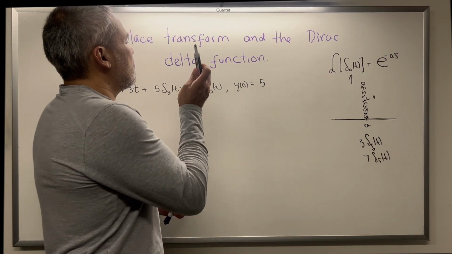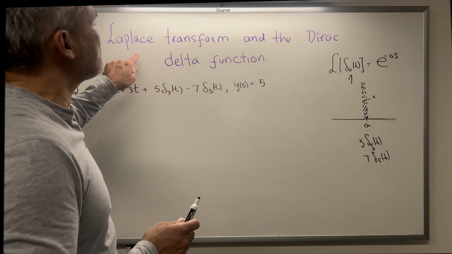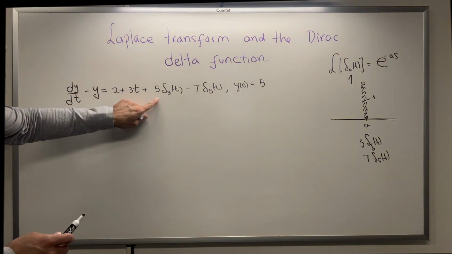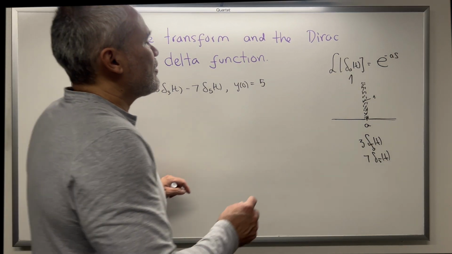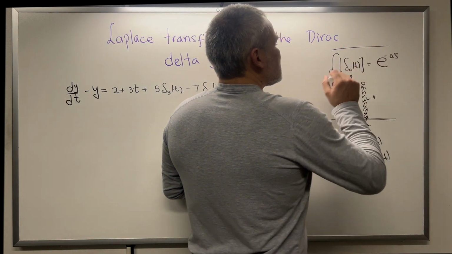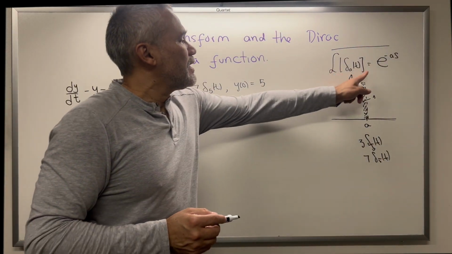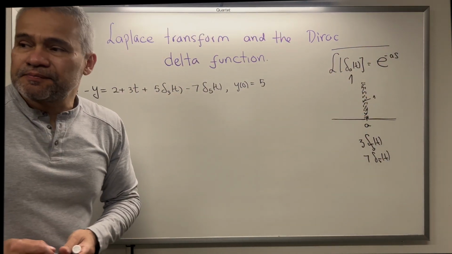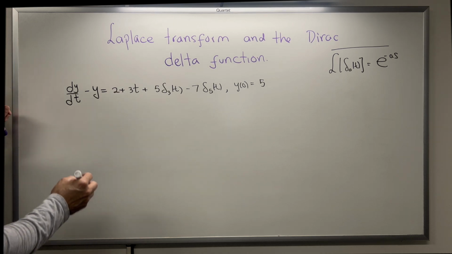But for the sake of solving differential equations that involve the Laplace transform, the only thing that you need to know is that the Laplace transform of that function is e to the negative as. Let's solve this differential equation.